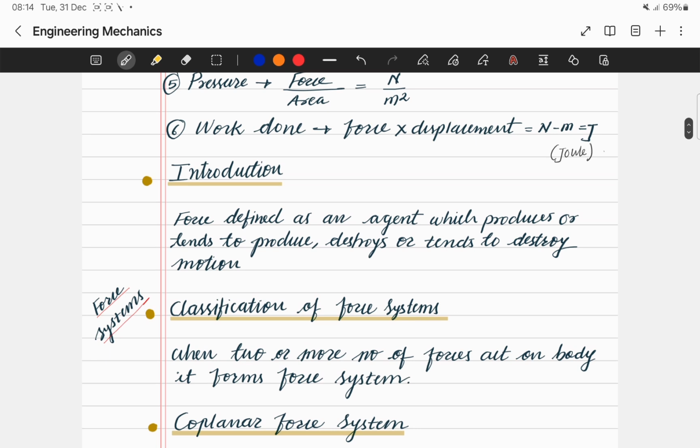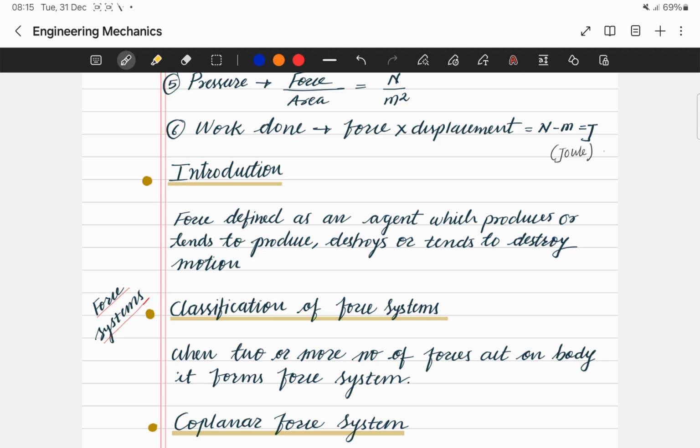Basically, force is nothing but mass into acceleration. But what are the effects of force? Force is defined as an agent which produces or tends to produce, destroys or tends to destroy motion. Okay, so this is how force is defined.